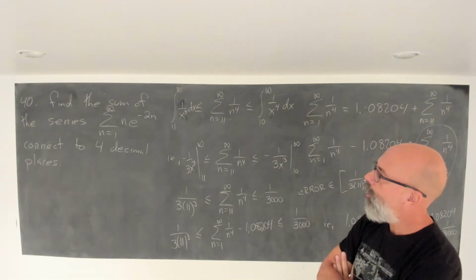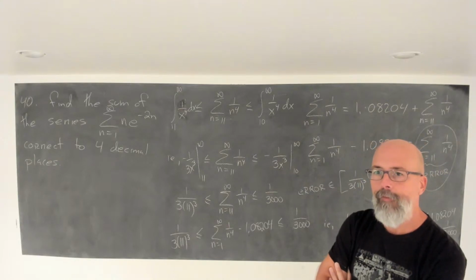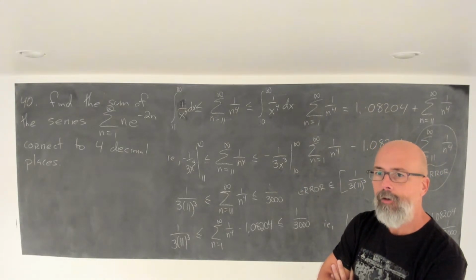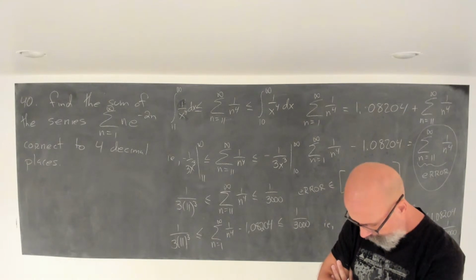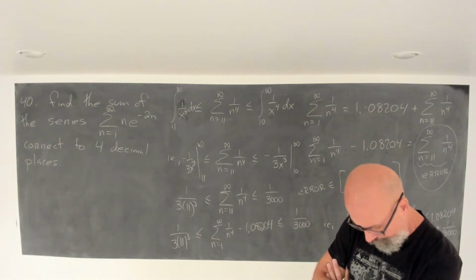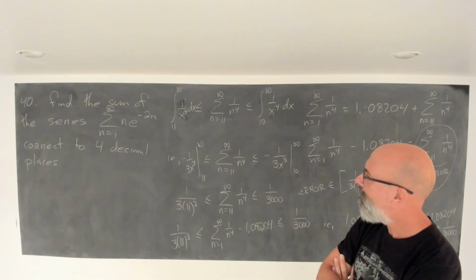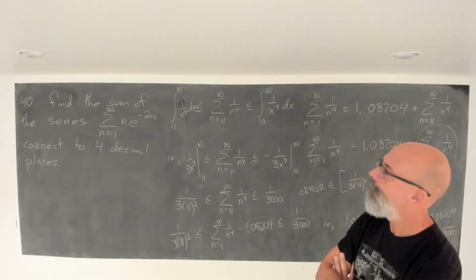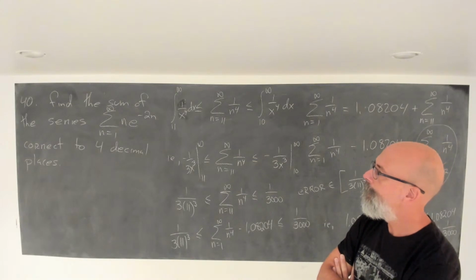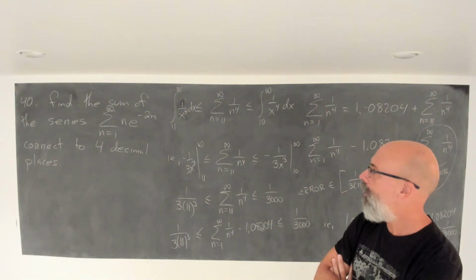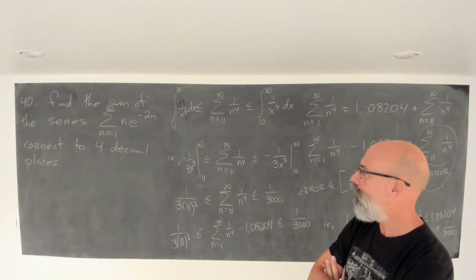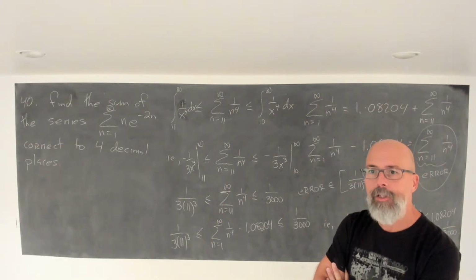Find the sum of the series correct to 4 decimal places. Very nice exam question. All right, moving on. Well, the obvious question that arises is, does this series even converge?